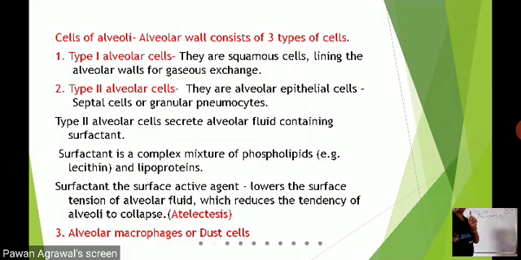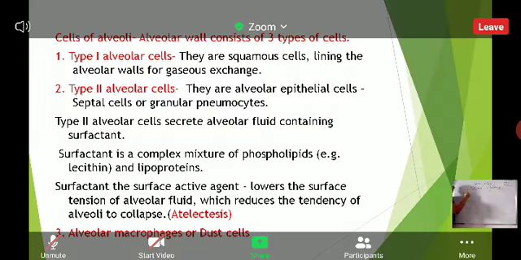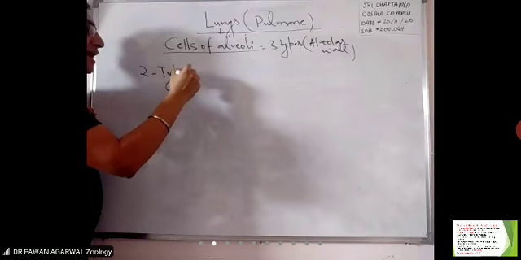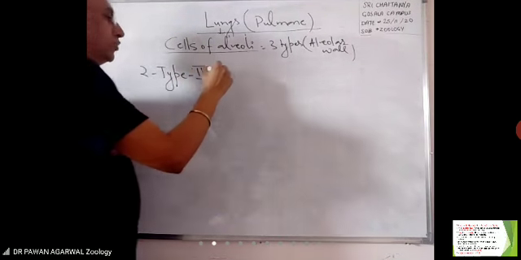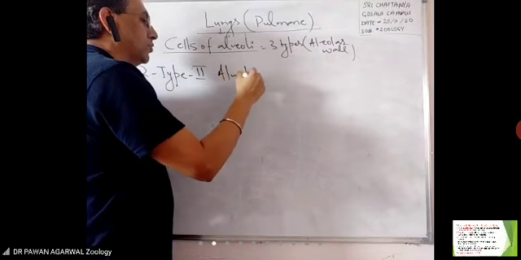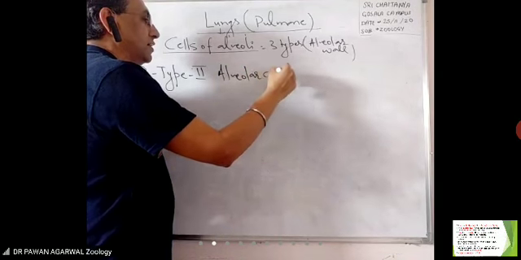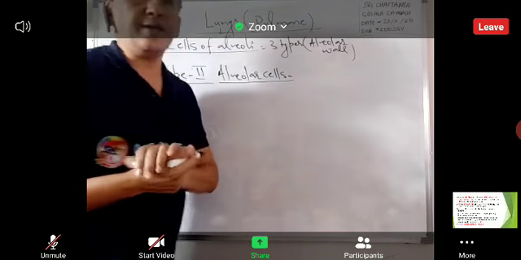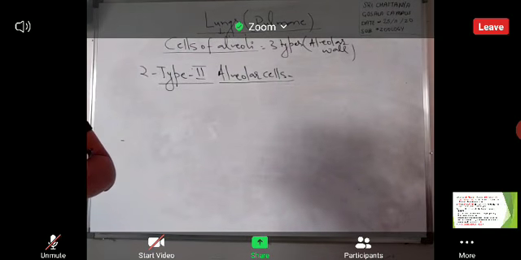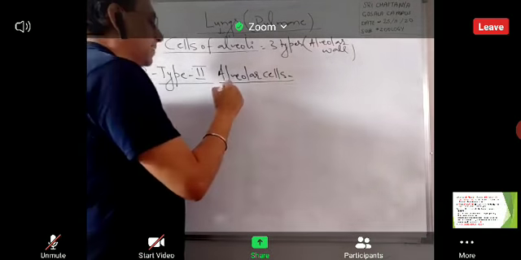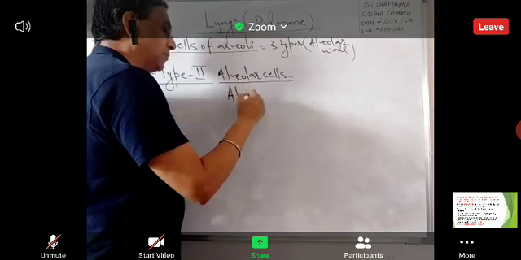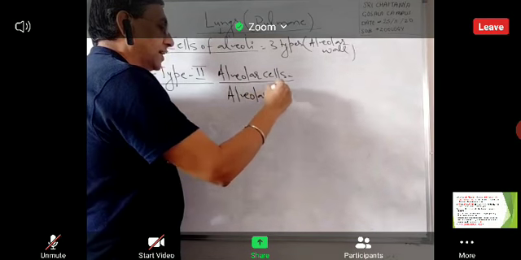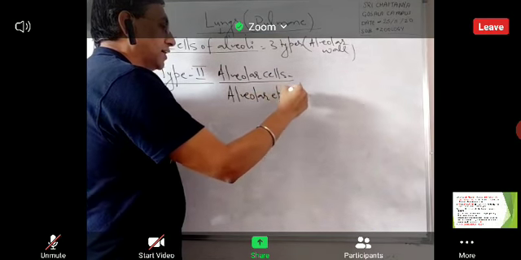Correct? Now, there is another one that is known as the type 2 alveolar cells.